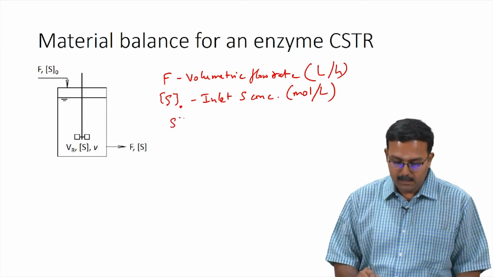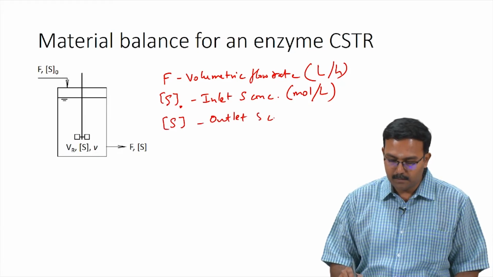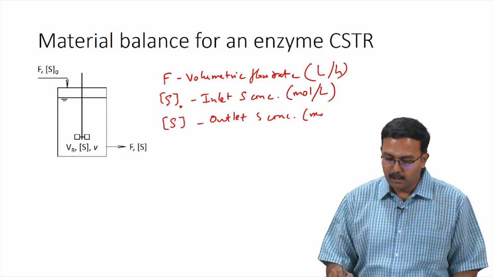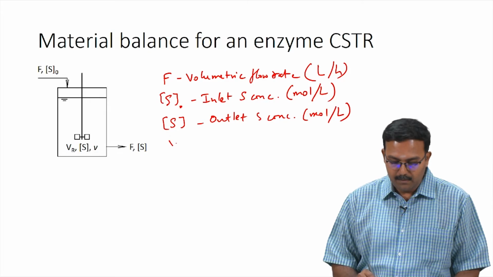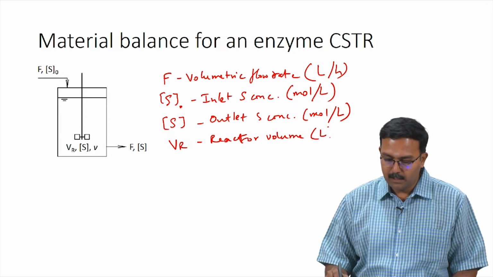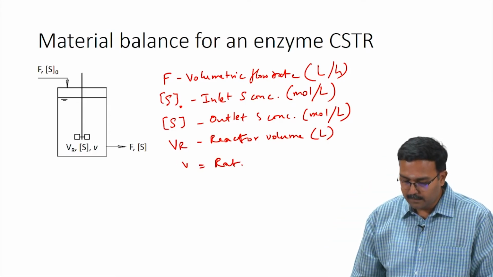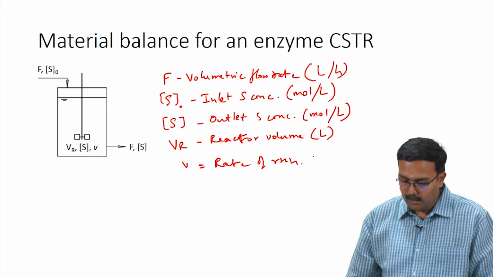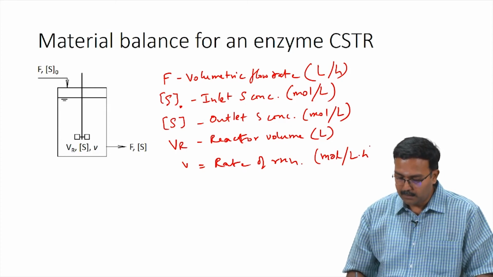You have S, which is the outlet substrate concentration, again in moles per liter, and you have Vr, which is the reactor volume, in liters, and V represents the rate of the reaction, and the units would be moles per liter hour.